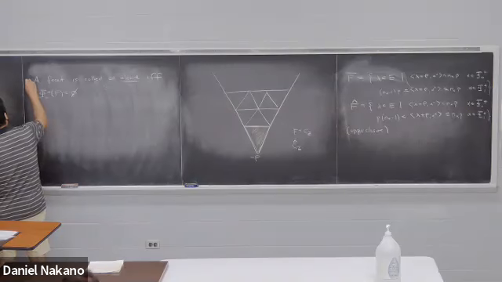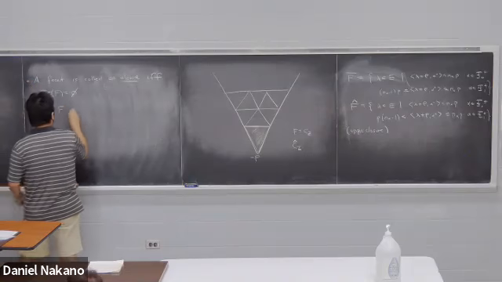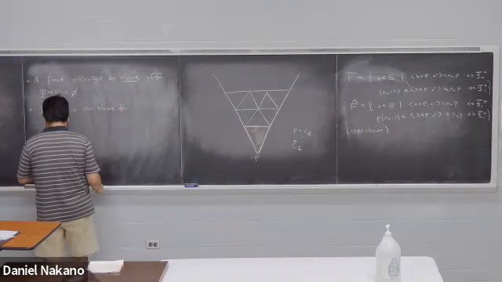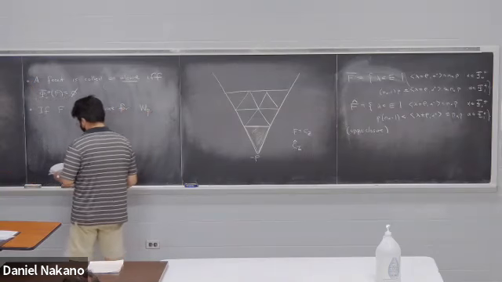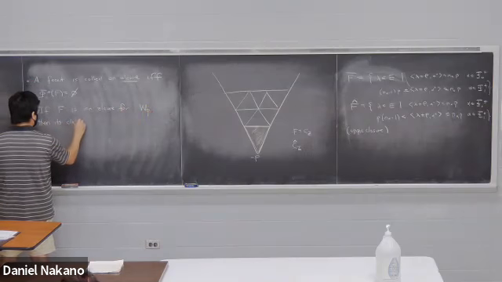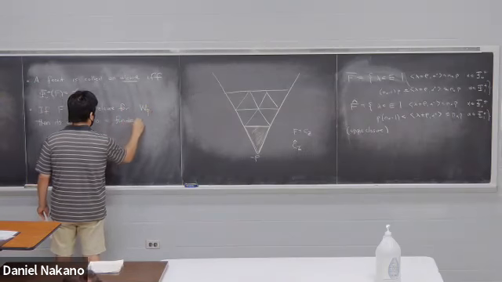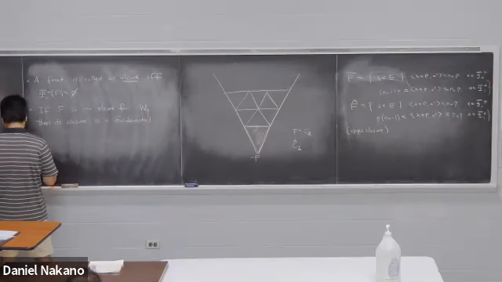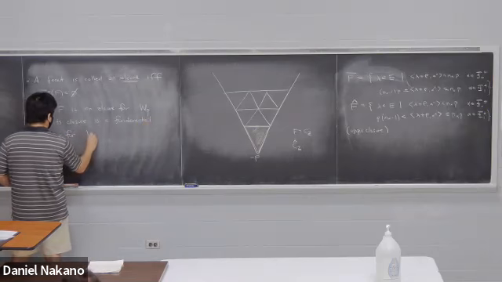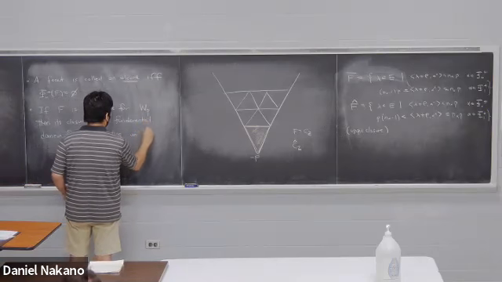There's a fact that we're always going to use. If F is an alcove for the action of WP, then its closure is a fundamental domain for WP by the dot action.